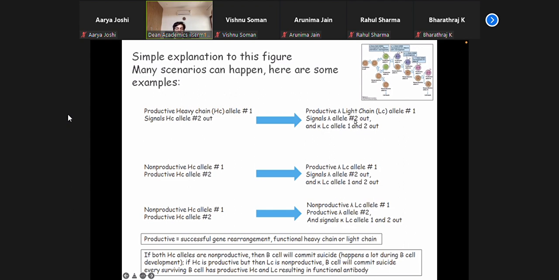And obviously, because you have already arranged heavy chain and light chain on one of those alleles, you don't require it to be rearranged on the second allele, both for heavy chain and, for example, in this case, lambda chain on allele number 2. And obviously you don't require kappa chain to be rearranged now on either allele 1 or 2, because you already achieved that successful rearrangement for heavy and light chain, right?